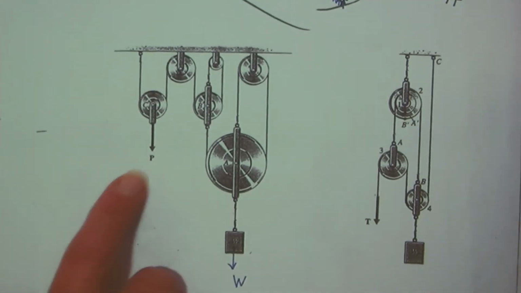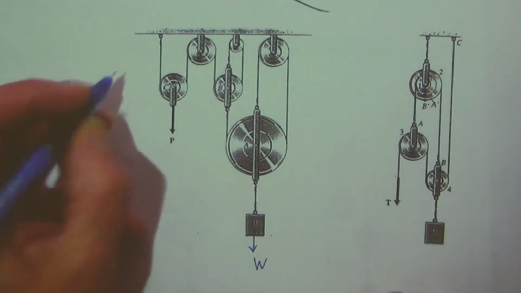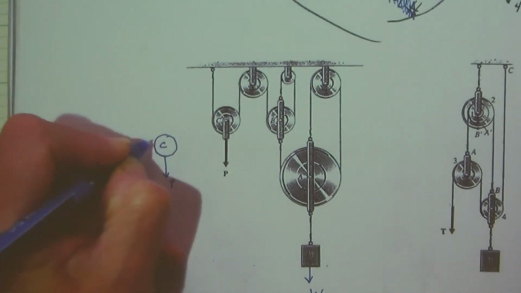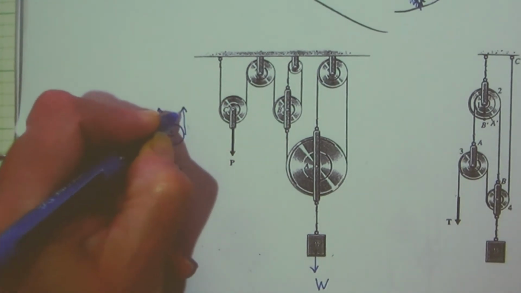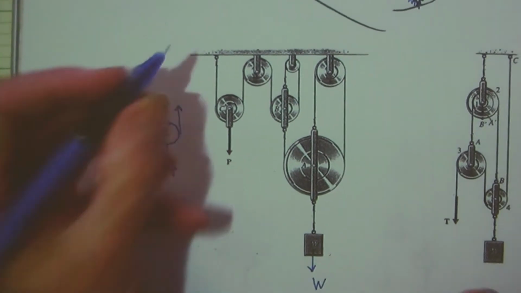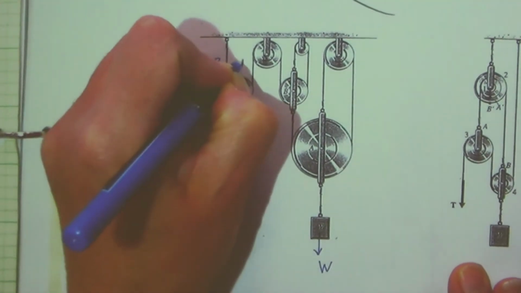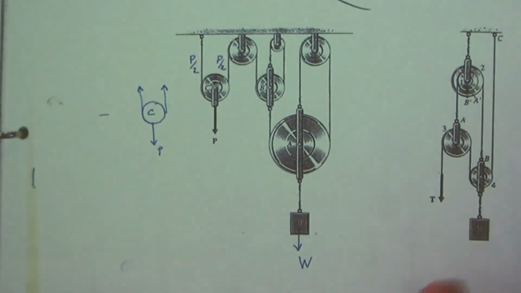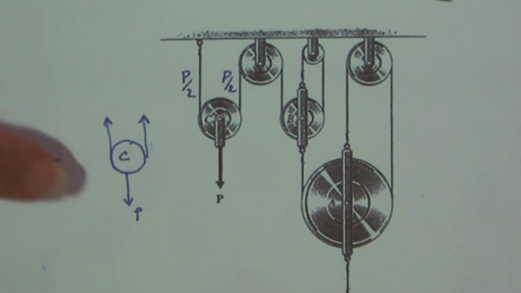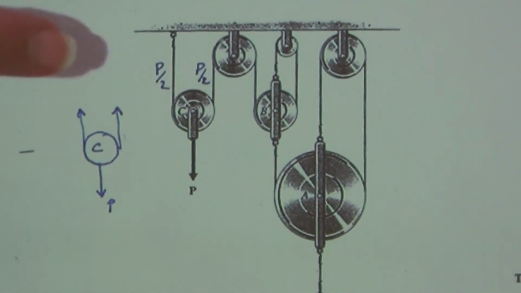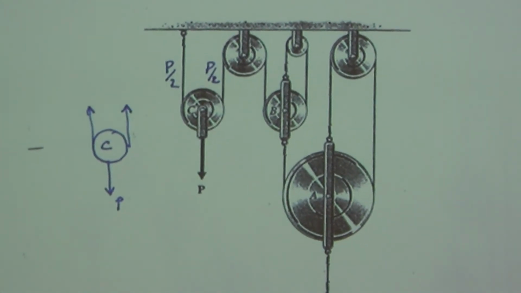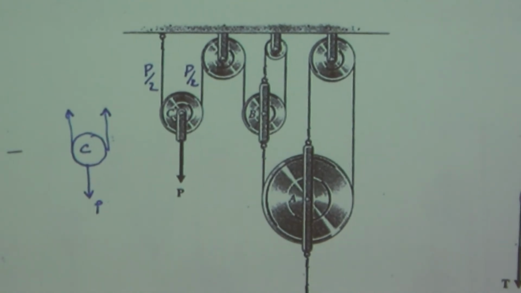Okay, Evan, let's draw a free body diagram of pulley C. I have P coming down, and I have 2 cables going up, right? So what is the cable equal to? Right, P over 2. So P over 2, P over 2. Anybody need clarification on that? We have P going down, each of these has to be P over 2. And then follow that P over 2 through, and then find out what the correlation is between P and W.